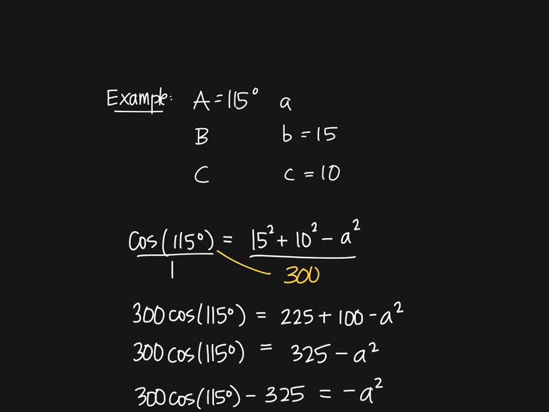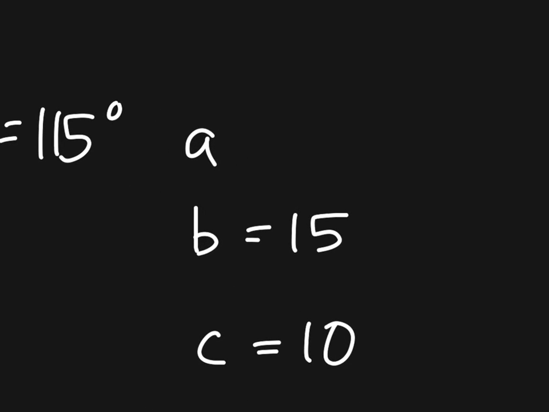When you list your answer up at the top, this is side A, we only have to list the positive one because triangles don't have negative sides unless they're drawn on a grid. These are not drawn on a grid. If they're drawn on a coordinate plane, then they might have a negative side. But this one would be 21.255. I said you're not going to use the negative, and then I wrote it.